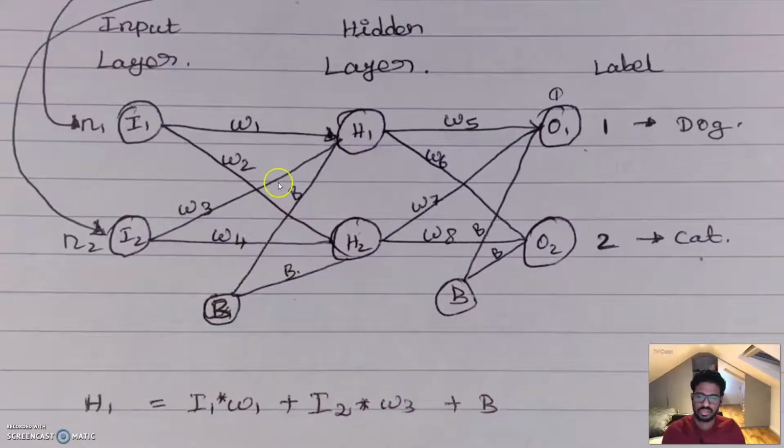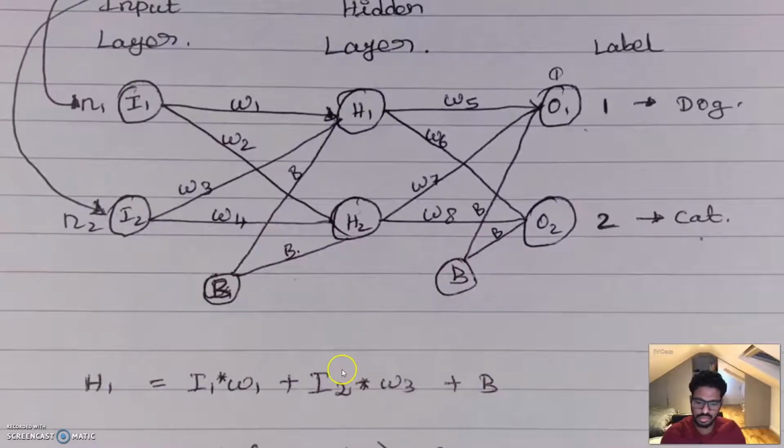In order to get the activation in H1, we have to multiply the input value I1 with W1 and the input value of I2 with W3, and adding the bias, we will get H1 here.